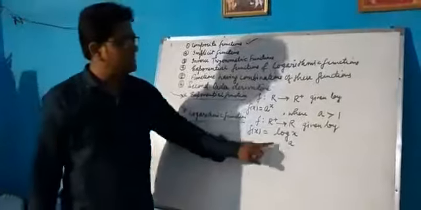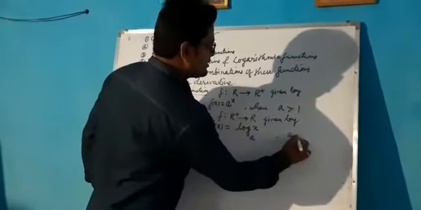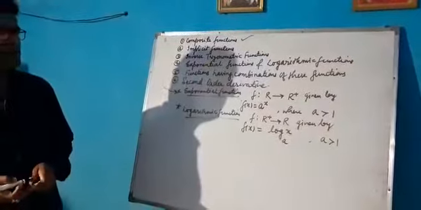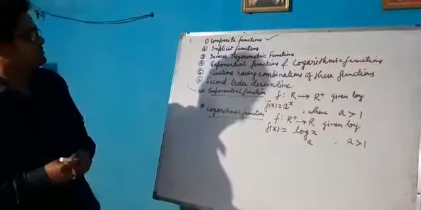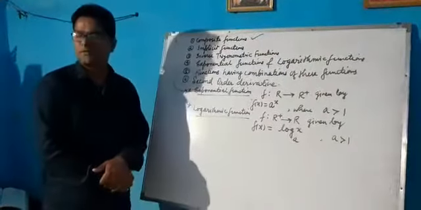Here the base a again should be positive and greater than 1. If it is less than 1, we cannot find it. So these are the two different definitions for exponential and logarithmic functions.